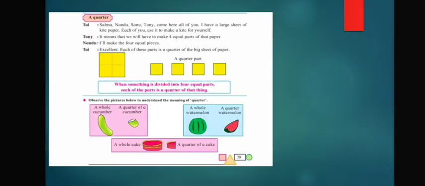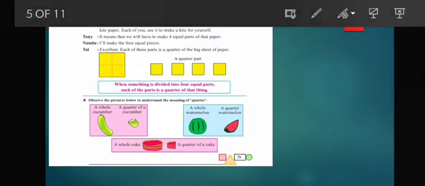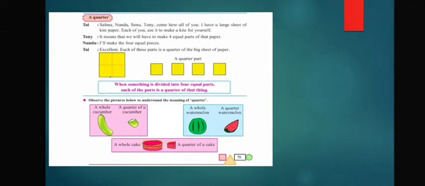Now let us learn about quarter. What does a quarter mean, children? As you can see, there is this square. Salma, Nandu, Soni, Tony, come here, all of you. I have a large sheet of kite paper.